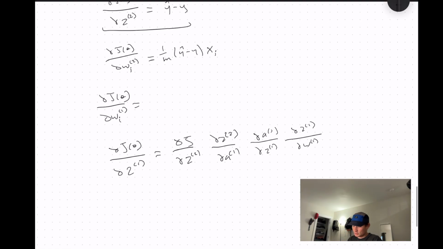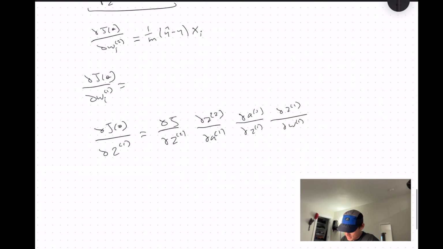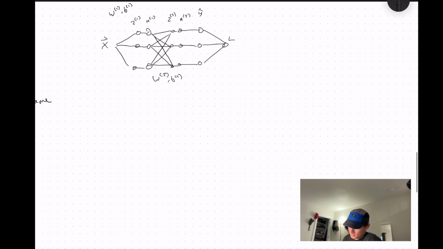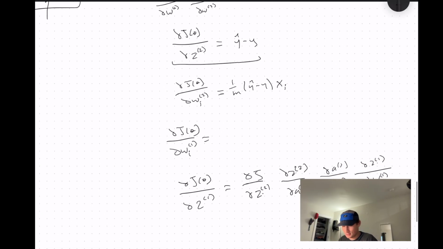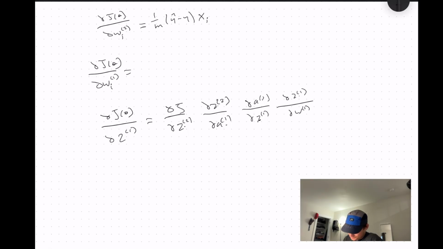Okay, so this is the chain rule among these functions so that this will all cancel out. Bang, bang, bang, bang, bang, and give us what we want. And then we can generalize what we just did for neural networks. Combine that with softmax, and that's kind of all it is.